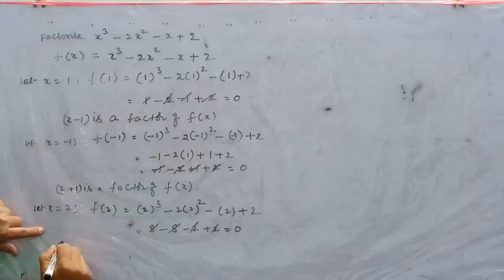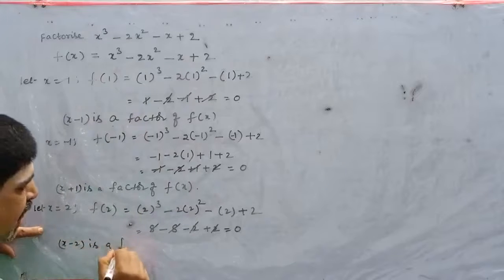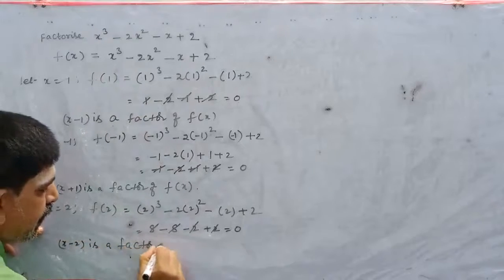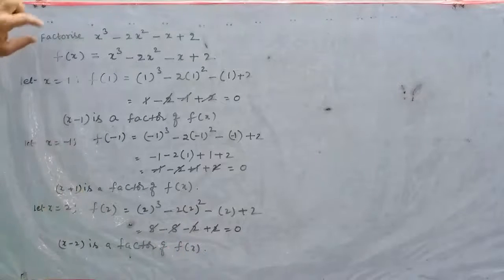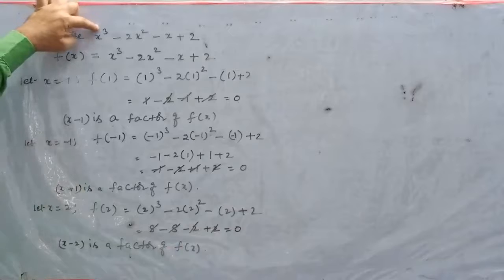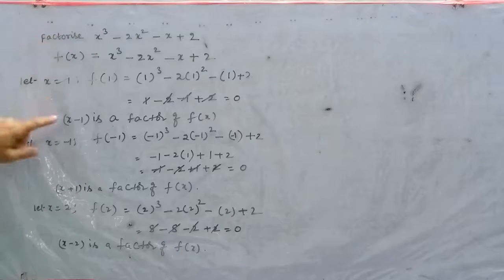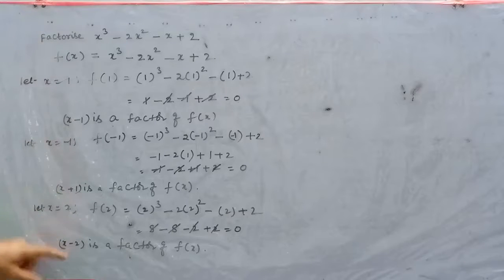That means x minus 2 is a factor of f of x. So how many factors do we have to get? Actually 3 factors, because it is a cubic polynomial. The first factor is x minus 1, second factor is x plus 1, third factor is x minus 2.